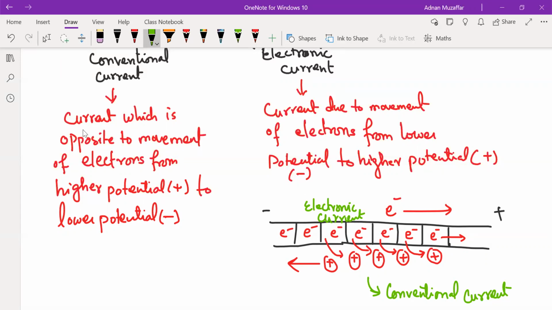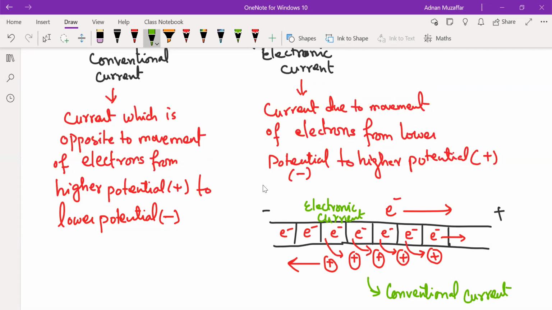I wrote the current which is opposite to the movement of electrons. I mentioned that current which is opposite to the movement of electrons, from higher potential to lower potential, is called conventional current. So it's the same thing. There is no difference between them.